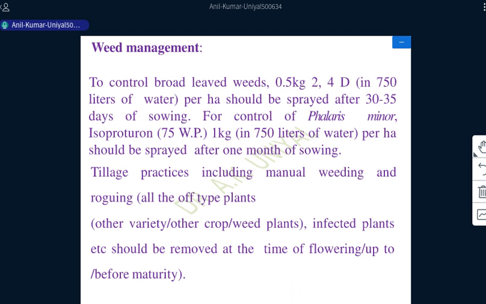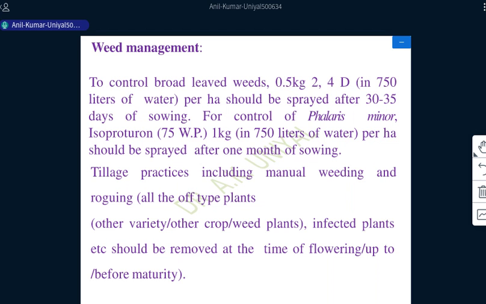Then we have weed management practices in the wheat field. To control broad-leaved weeds, 0.5 kg of 2,4-D is dissolved in 750 liters of water and used for 1 hectare in the form of spray after 30 to 35 days of sowing.